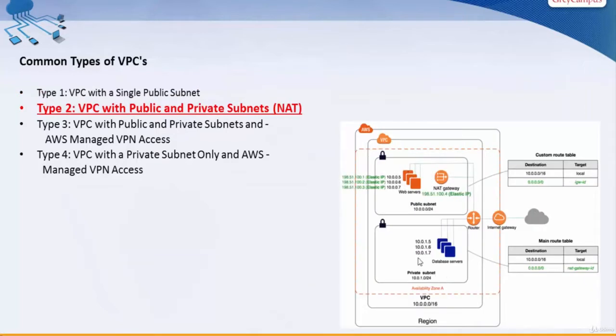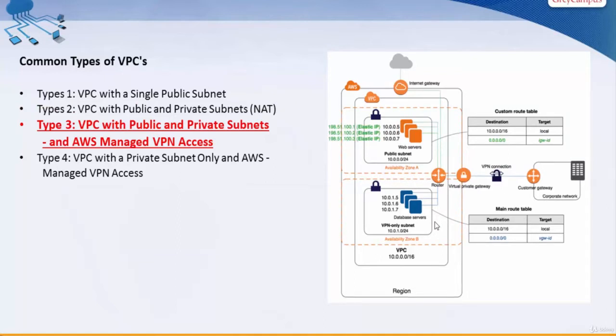We have introduced a database layer, or database tier, in it. We have 2 routing tables, one for the public subnet and one for the private subnet, and we have also introduced a NAT gateway in this environment. We're going to talk about NAT gateway in a coming section, so don't worry about it for the moment.